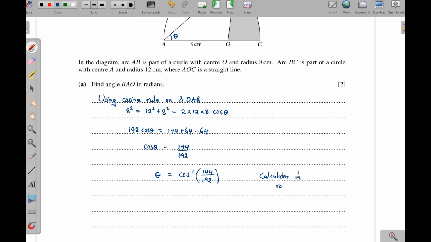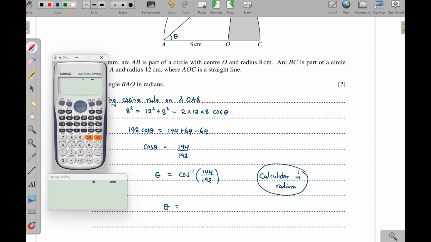And then your calculator here must be in radian mode. So what do we get when we put this in the calculator? My calculator here is in degrees, so I'll press shift mode, and then radians is option 4.